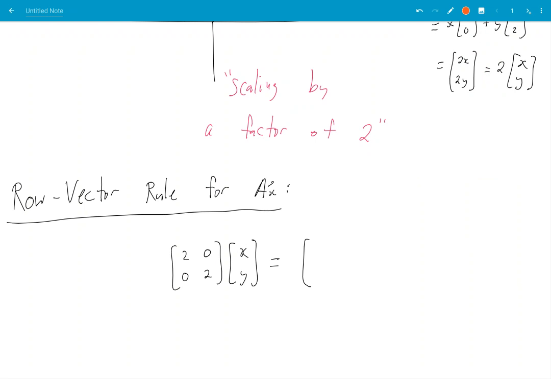And to find the first entry, I can do this guy times this guy, so 2x, and then add this guy times this guy, 0y.